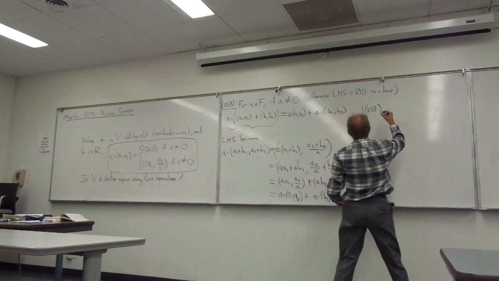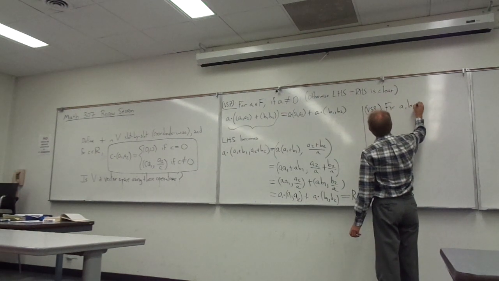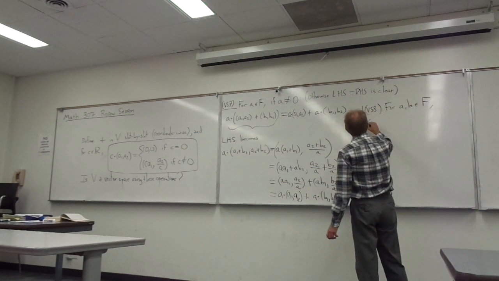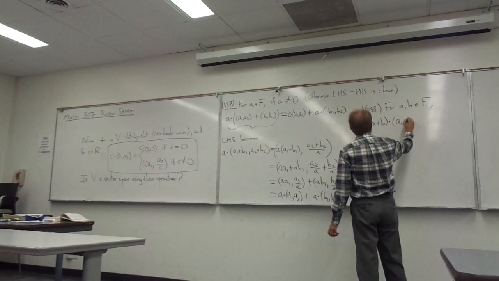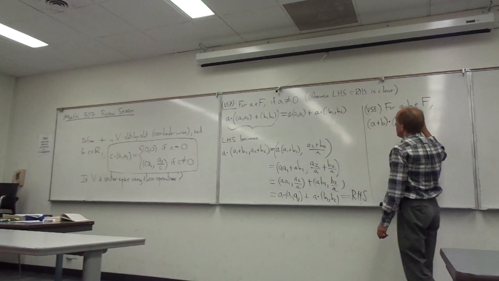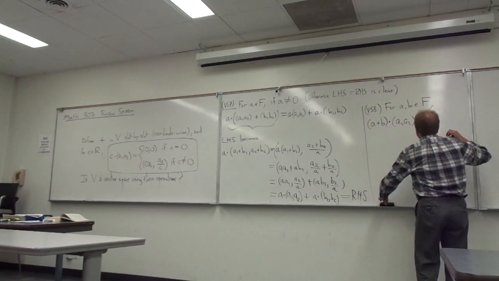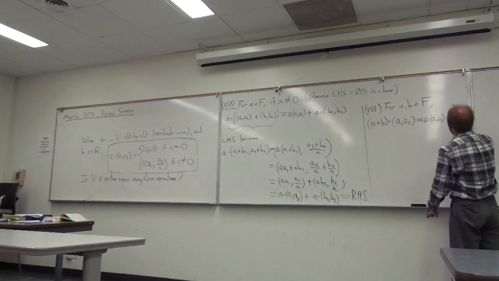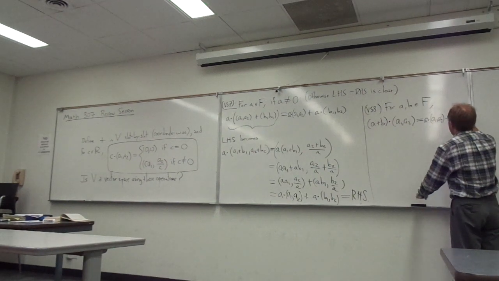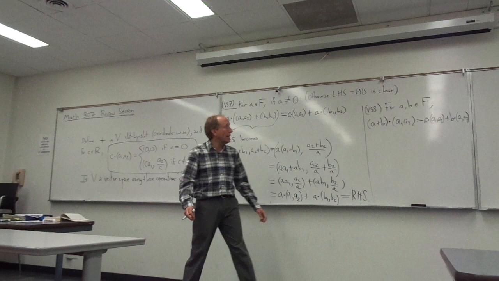So for a and b in the field, the question is: does (a + b) applied to (a1, a2) equal a times (a1, a2) plus b times (a1, a2)?